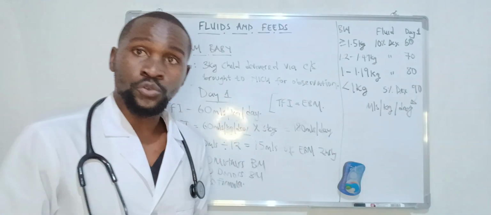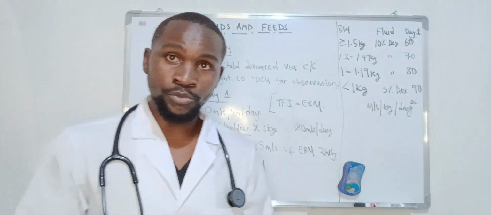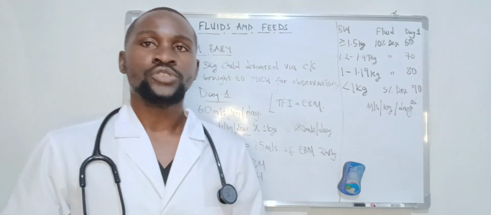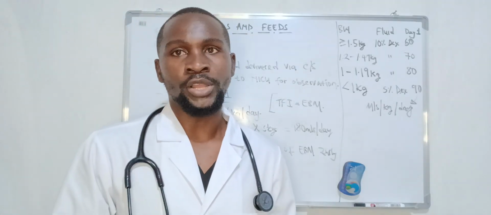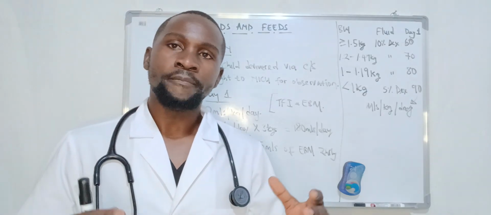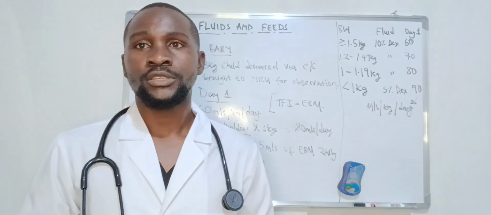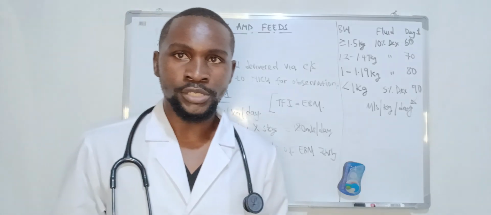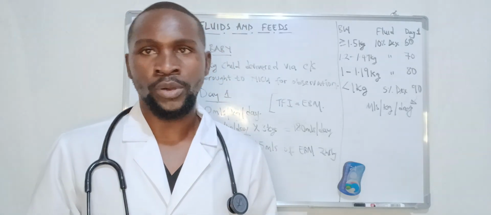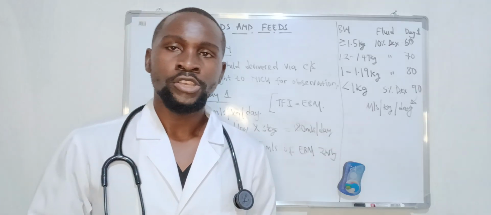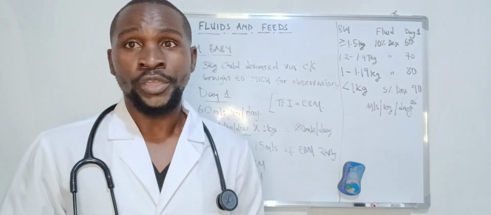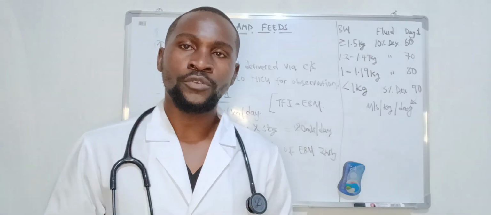It's not advisable to mix formula and breast milk because of the high risk of necrotizing enterocolitis. So when you want to go formula, you go formula. If you are going to go with breast milk, you go with breast milk. Breast milk is preferred because it's associated with a lower risk of necrotizing enterocolitis. It's protective because of the antibodies that the child will get that are passed on through the breast milk from the mother.